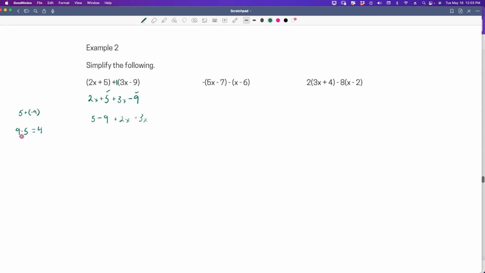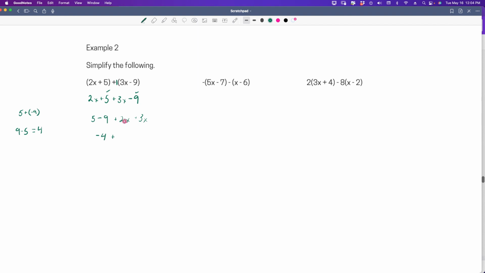So the answer is 4 when I take 5 away from 9, but because 9 is the bigger number, my answer is actually a negative 4. Now I can't combine this with these because these are different terms, these have x's and this one doesn't. So all I can do is bring down the operation in between.